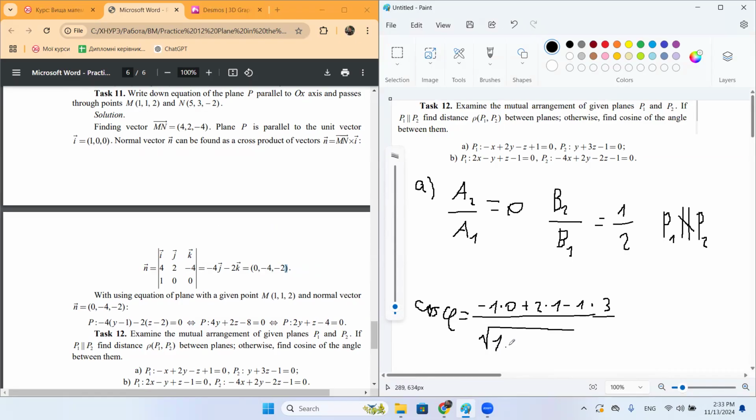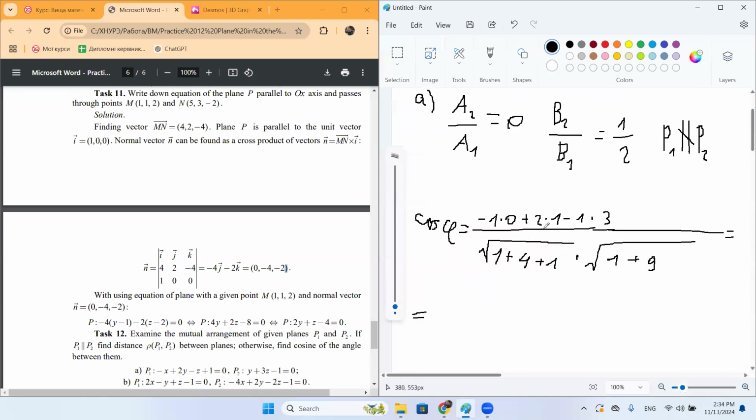So square root of 1 plus 4 plus 1 multiplied by square root of 1 plus 9.